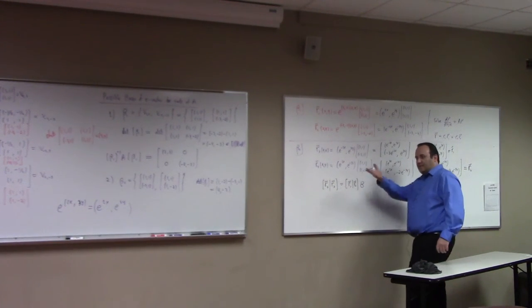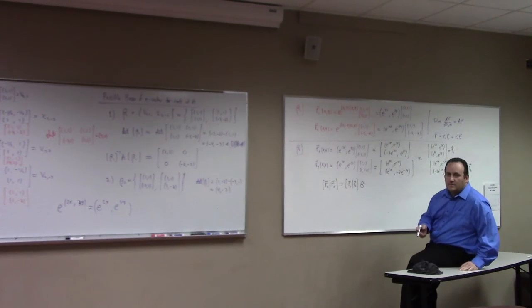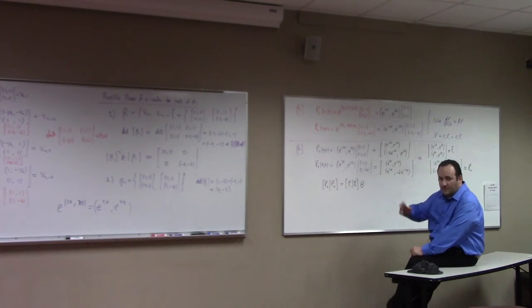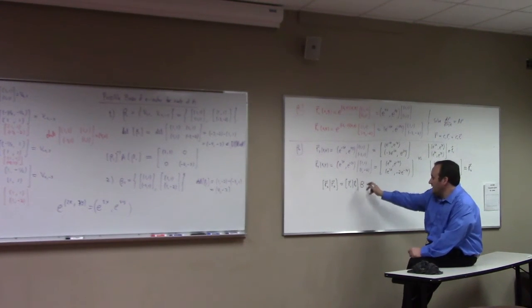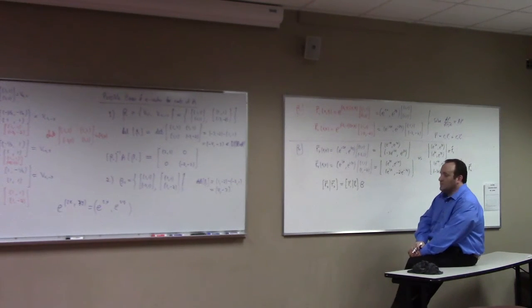Because the argument over there is based on linear combinations of solutions being solutions, and the solution matrix giving a general solution. Those things are still in play by my existence and uniqueness theorem. So it stands to reason there's some constant matrix B that connects these two.